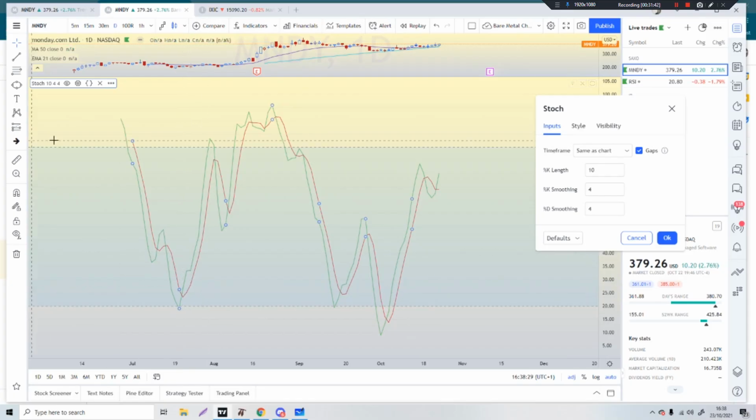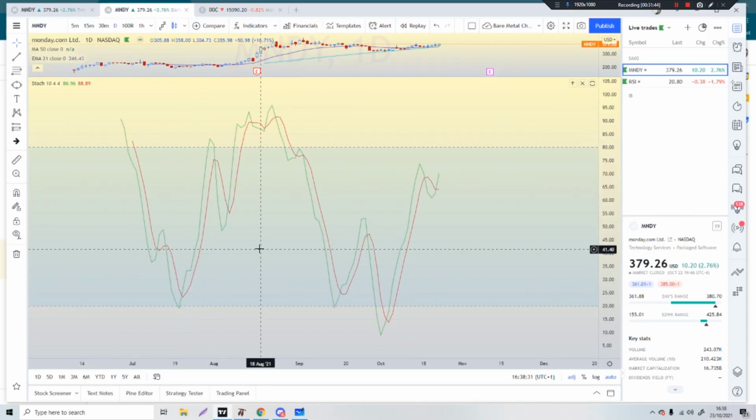which is why some people think it's got predictive abilities. I can tell you right here and now, it doesn't. It's just the law of big numbers. There's nothing predictive about a cross on a stochastic chart or any oscillator chart. The only thing is that generally price will follow momentum.